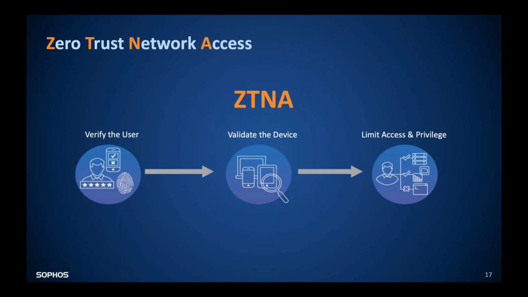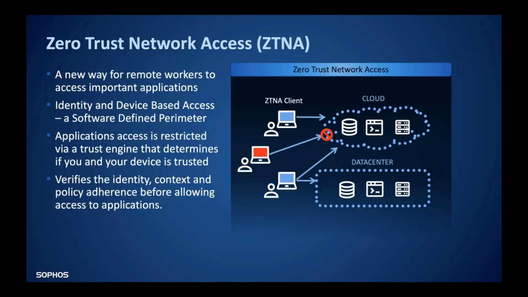Verify the user, validate the device they're using, and then determine what they can do given who they are and what they have. ZTNA is really a new way of enabling this remote workforce to access the applications they need securely from anywhere.